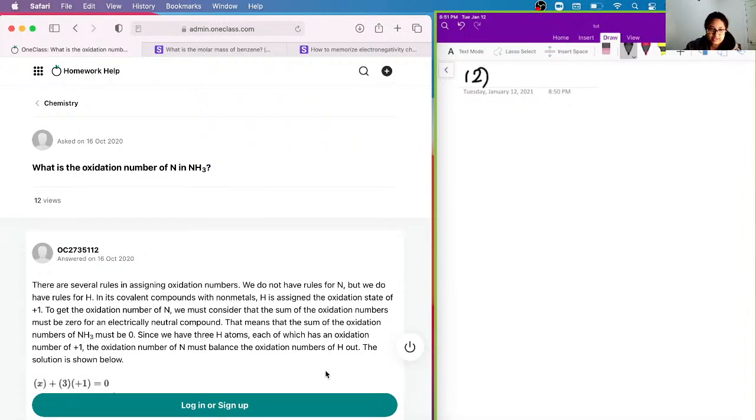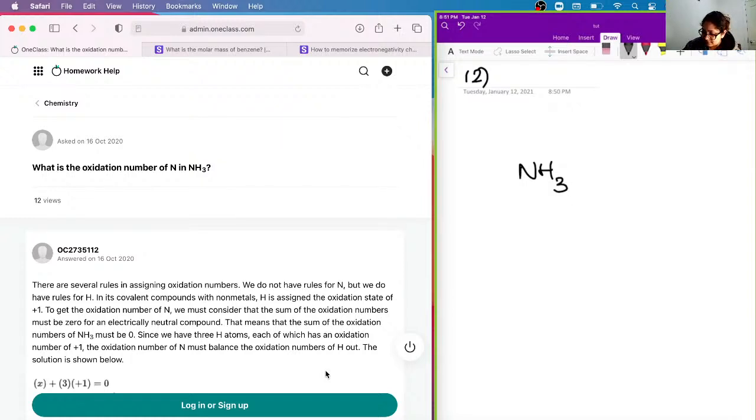Okay, so our next question says, what is the oxidation number of nitrogen in ammonia? Okay. So basically, there are a lot of rules when you are assigning oxidation numbers, and there aren't any rules for nitrogen, but we do have rules for hydrogen. So when it's in covalent compounds with nonmetals, hydrogen is assigned the oxidation state of +1. So NH3, which is ammonia, right?